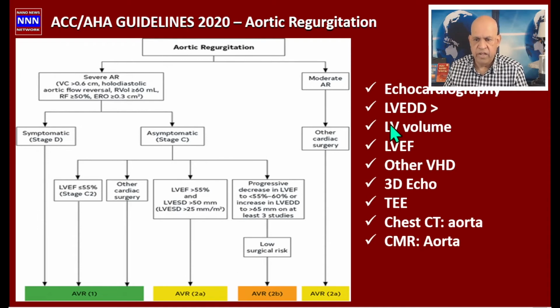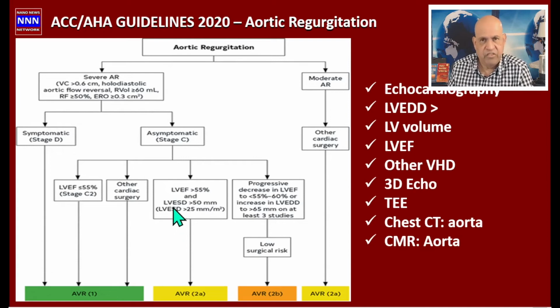We look at the left ventricular volume, left ventricular ejection fraction, other valvular heart disease, and 3D echocardiogram, transesophageal echo, CT of the chest, and CMR. When we have all this information and we know what degree of aortic regurgitation is present and what stage the patient's aortic regurgitation is, then the decision becomes fairly easy.